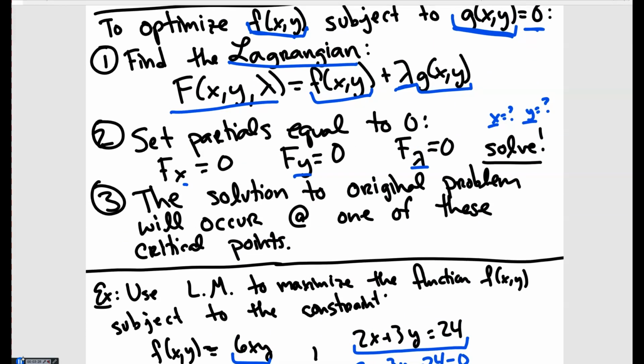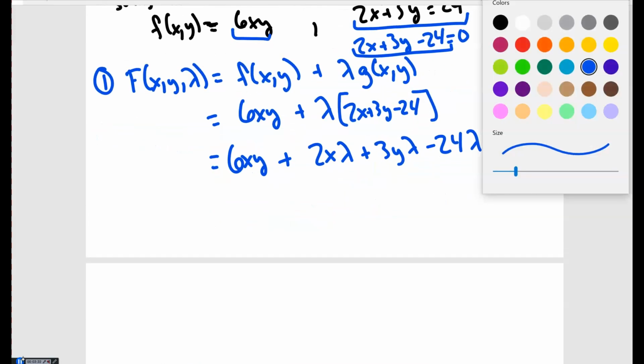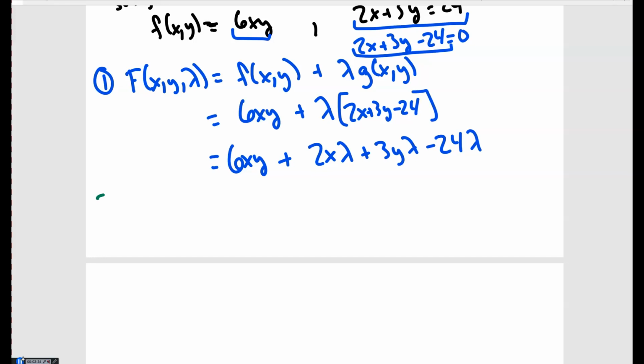Now we're going to find the partial derivatives and set them equal to 0. So here is step number 2. Step number 2 would be to find the partial derivatives. I'm going to first find f sub x. Taking the partial derivative gives me 6y plus 2 lambda, and that one we're going to set equal to 0.